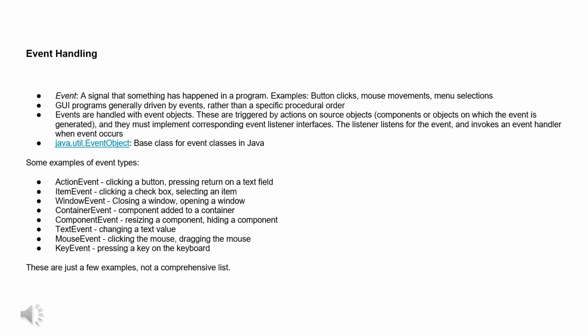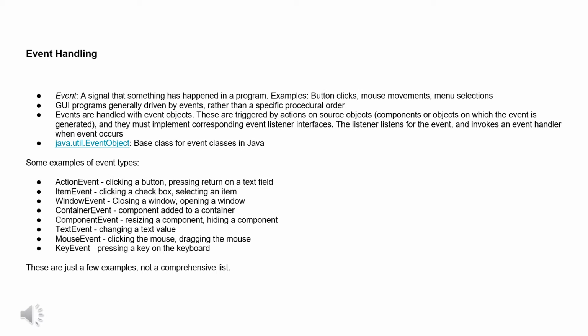Some examples of event types are as you see here. Action event: clicking a button, pressing return on a text field. Item event: it means clicking a checkbox, selecting an item. Window event: closing a window, opening a window.